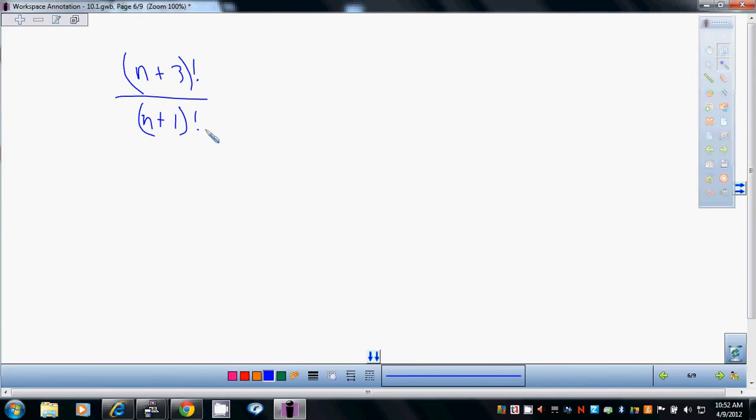What's the difference in those two? What is in the top one that's not in the bottom one? That's right. The only thing that's in the top one and not the bottom is n plus 3 and n plus 2. So you'd FOIL that, and that would be your answer.